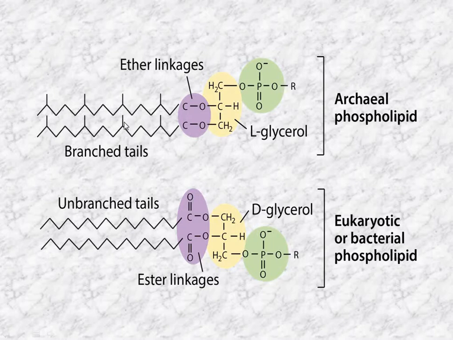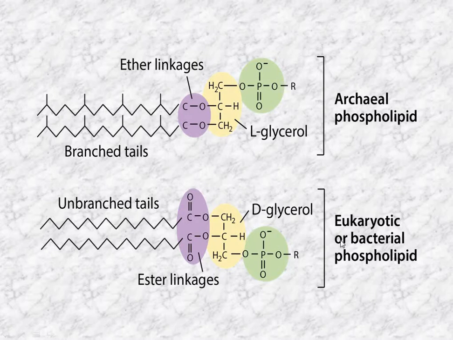In archaea, the lipid or its hydrocarbon is branched, but in eukarya and bacteria, the fatty acid chains or hydrocarbons are unbranched.